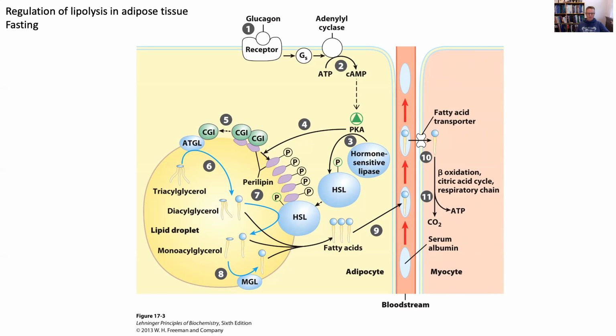Normally, in vitro, glucagon can indeed activate lipolysis, but under in vivo conditions, glucagon will not activate lipolysis. Instead, it will be norepinephrine or noradrenaline coming from the sympathetic nerves that directly innervate the adipose tissue.